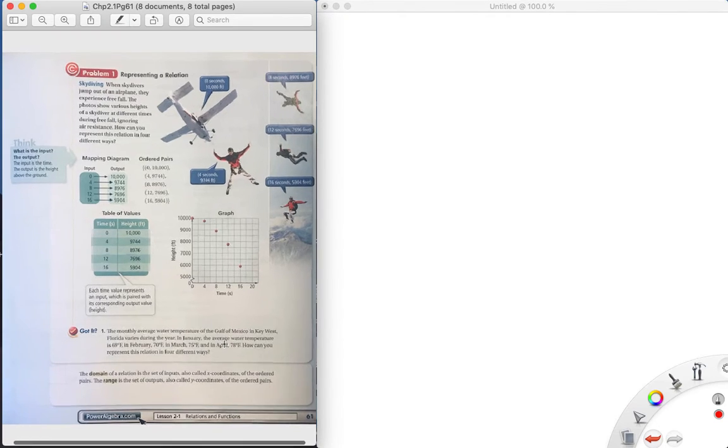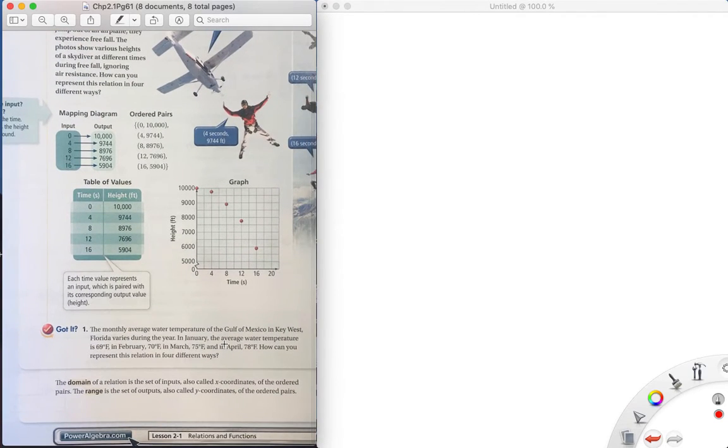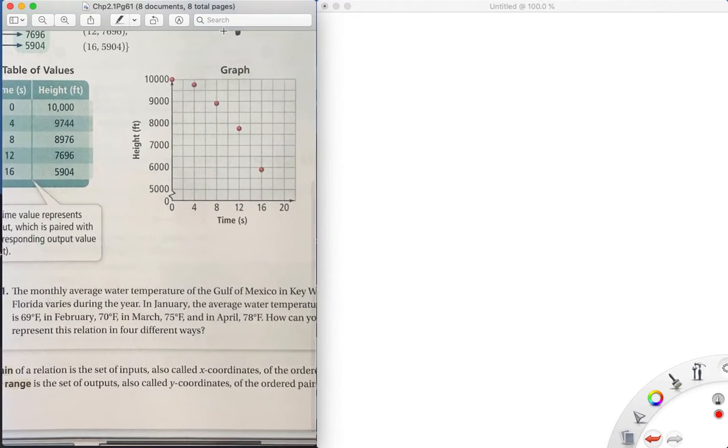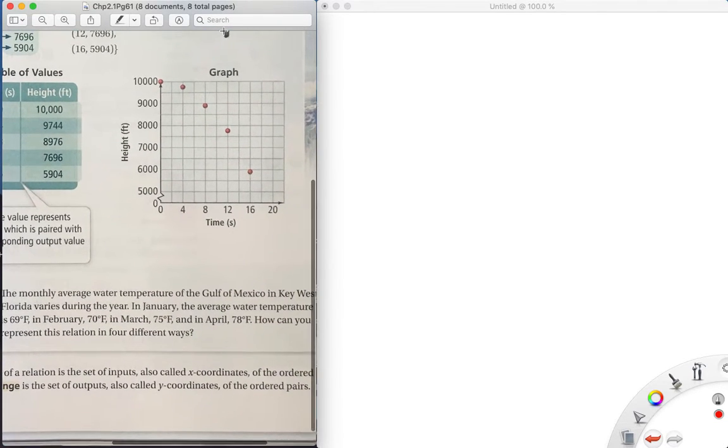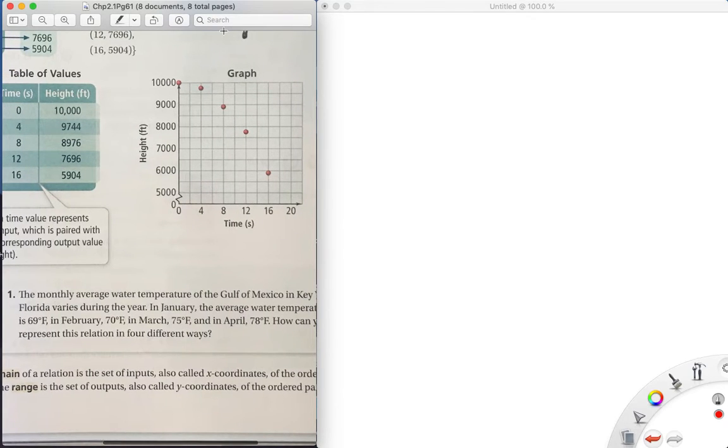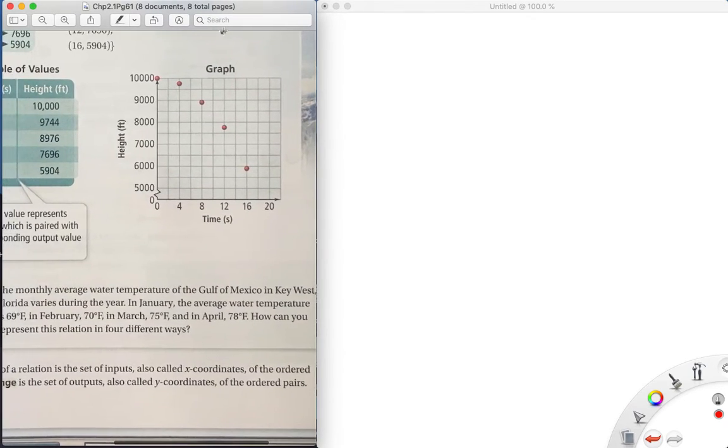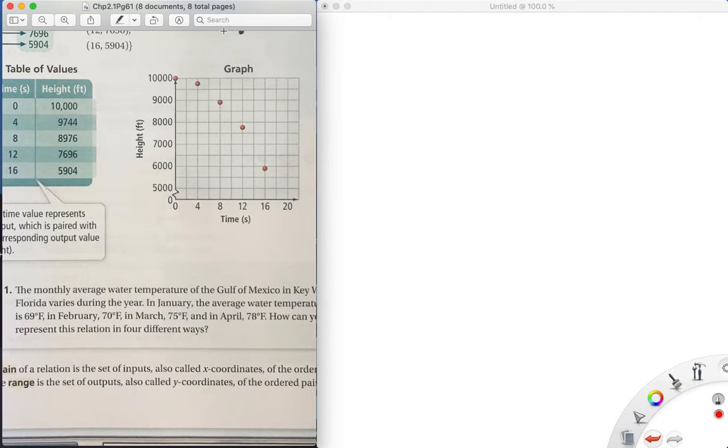The problem I give here is the monthly average water temperature in the Gulf of Mexico at Key West for the months. They want you to show the relation in four ways, right? So we know it's ordered pairs, mapping, a t-chart or table, or graphing.